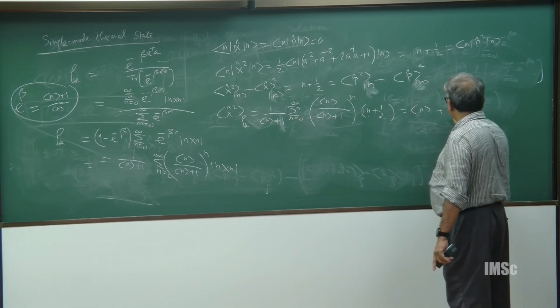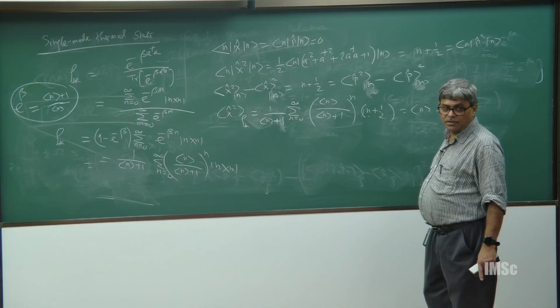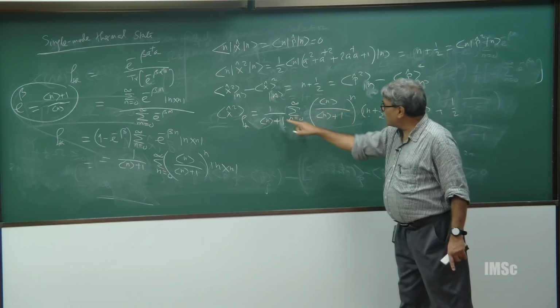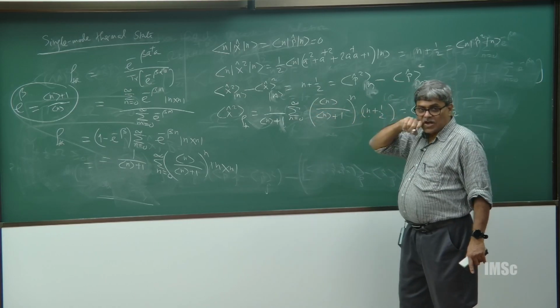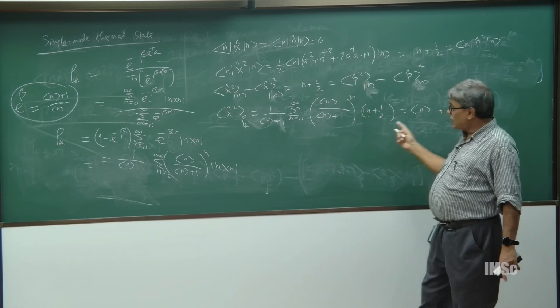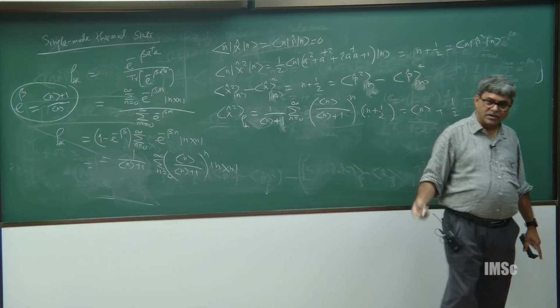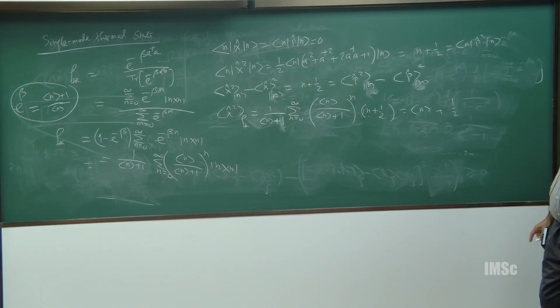So this is half. Yeah, this half, because this is basically a probability distribution, so it adds up to 1. So half multiplied by the sum of your probabilities, which is 1. So 1 into half is half, right.